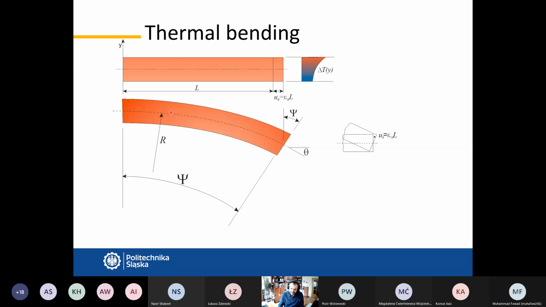So this object is quite thin. And the longitudinal axis of the beam is straight initially. So these are the main issues we have to mention before we discuss it any further.